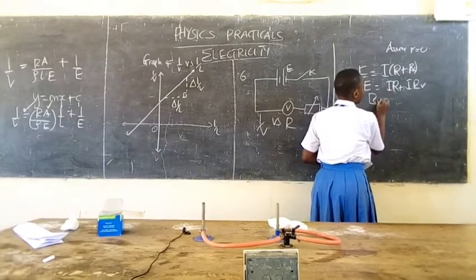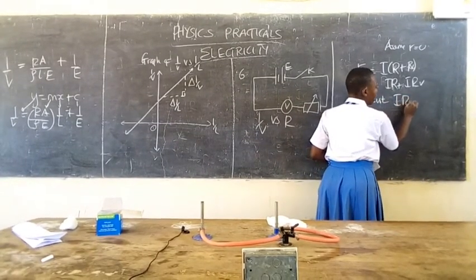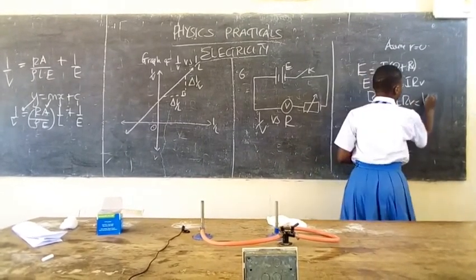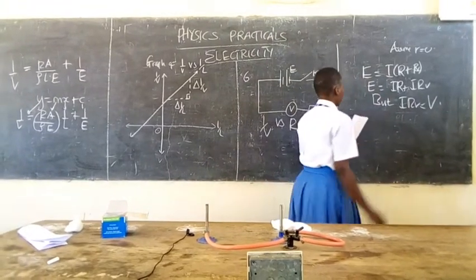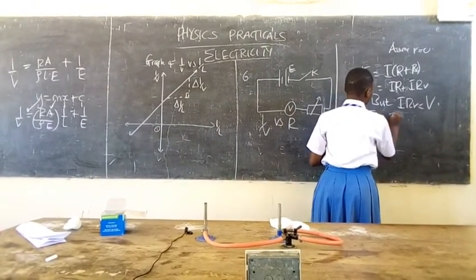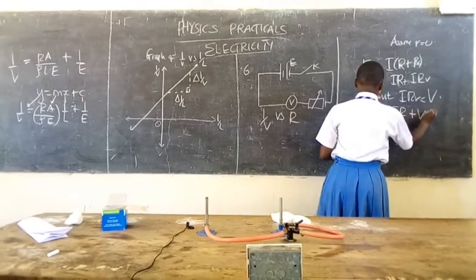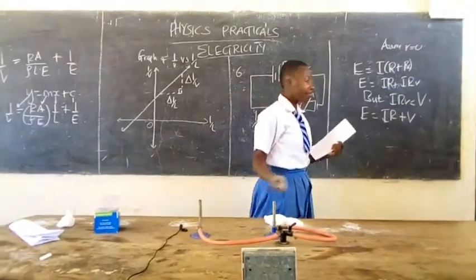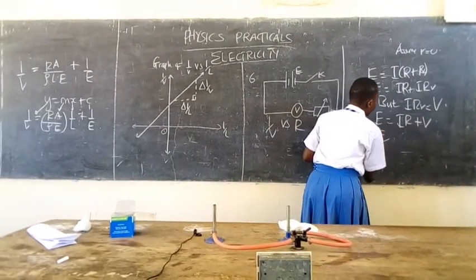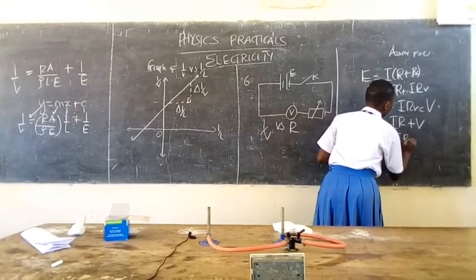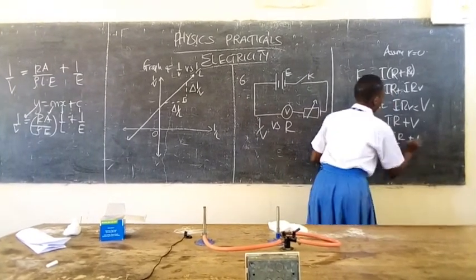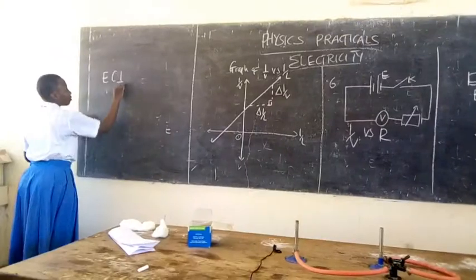But RV equals V from Ohm's law. Therefore, E equals IR plus V. We divide by V both sides. So E over V equals IR over V plus 1 over V.